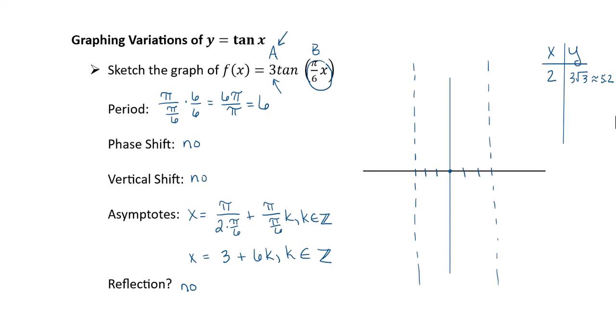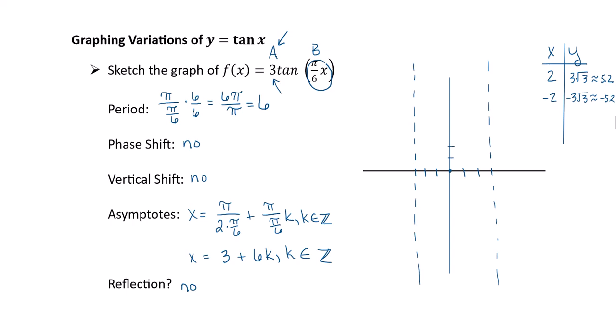And then if I would have an x of -2, then we would have a -3 square roots of 3, because remember this is an odd function, so we get a -5.2. That takes into account the stretching of the graph.